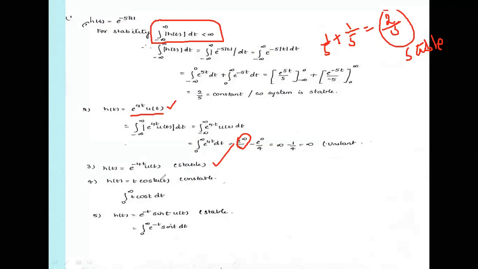For t into cos t mu of t, use the UV rule, and for e power minus t sin t, here also use the UV rule and substitute the limits from 0 to infinity. You'll get stable and unstable. When it is less than infinity, it is stable; equal to infinity, it is nothing but an unstable system.